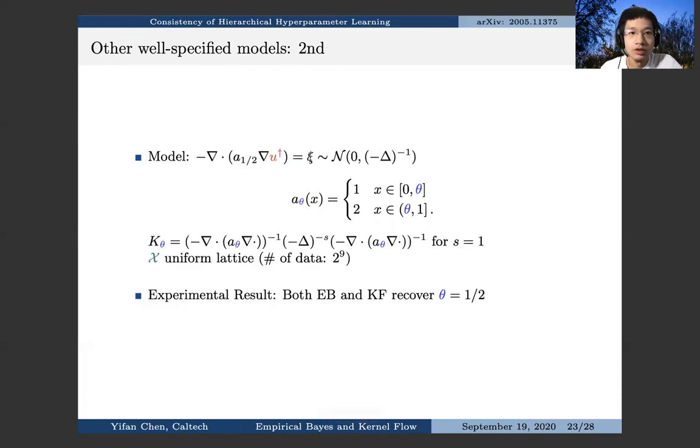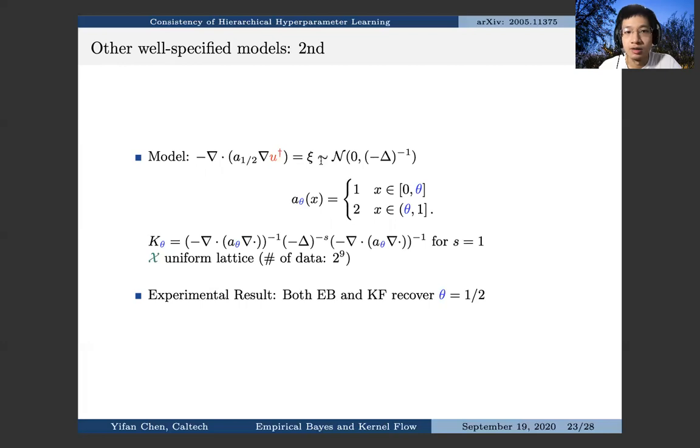Then in our second example, we consider that U dagger, the ground truth, is drawn from some stochastic partial differential equation. Here, the left-hand side is an elliptic operator with coefficient a theta, defined in the following form, and it has discontinuity points parameterized by theta.